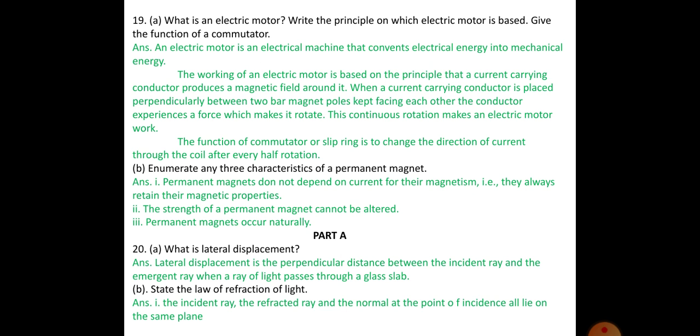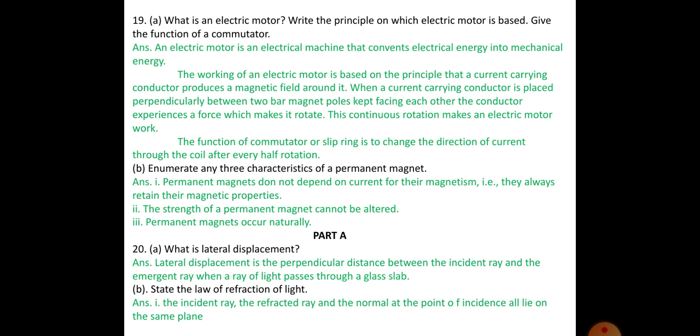What is lateral displacement? Lateral displacement is the perpendicular distance between the incident ray and the emergent ray when a ray of light passes through a glass slab. State the law of refraction of light.